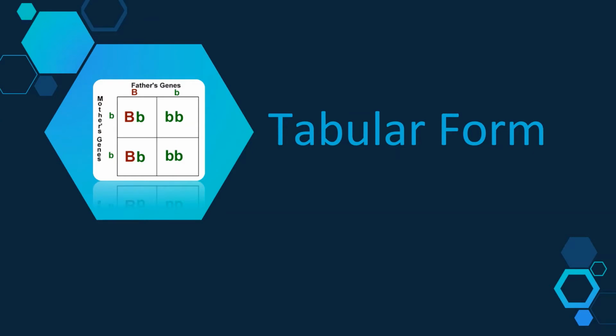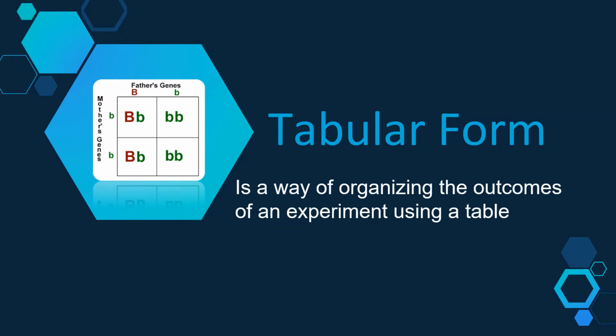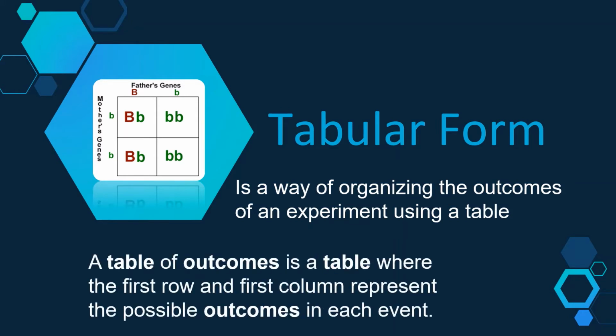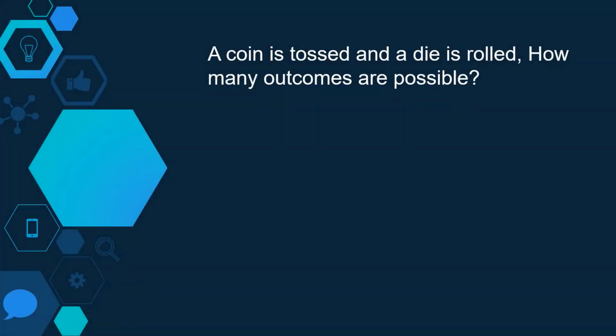Let's move on to the next strategy. So we have the tabular form. Tabular form is a way of organizing the outcomes of an experiment using a table. A table of outcomes is a table where the first row and the first column represent the possible outcomes in each event. For example, a coin is tossed and a die is rolled.